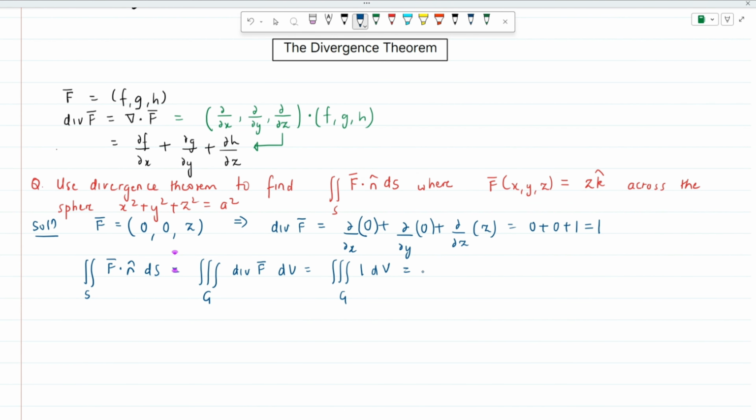And we know that the triple integral of 1 gives us the volume of the solid, and in this case our solid is given by the sphere x square plus y square plus z square equals a square, and we know that the volume of a sphere is 4 pi by 3 times the radius cube. In this case the radius is a, so we have a cube, and thus we can conclude that the surface integral of F over S is going to be 4 pi a cube over 3.